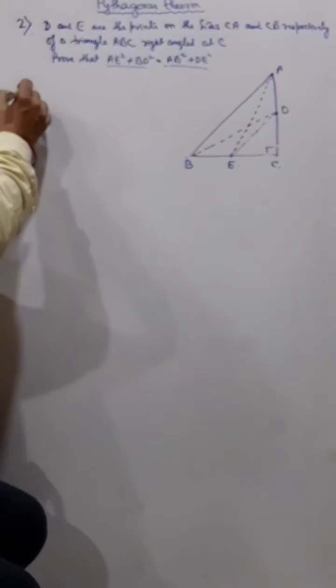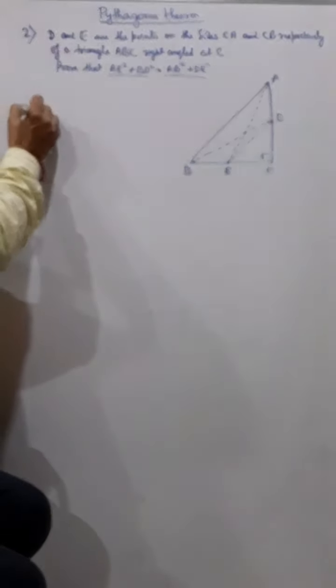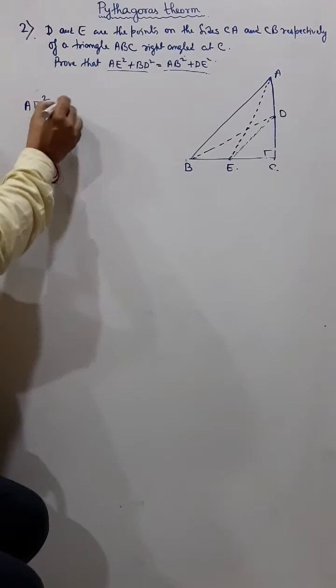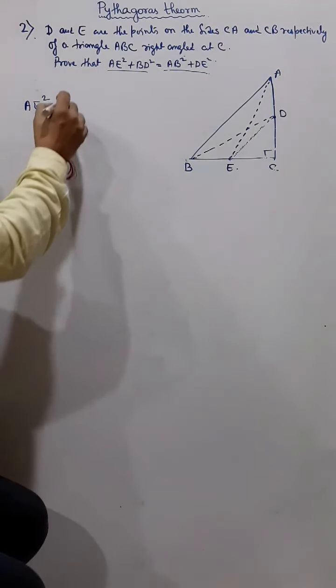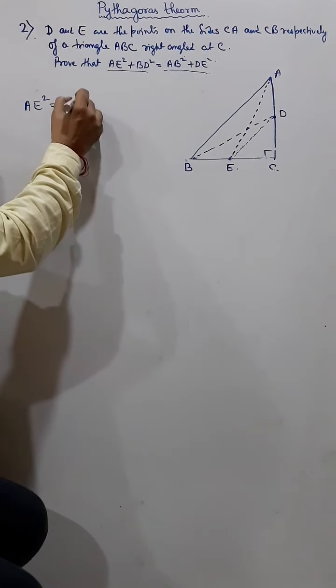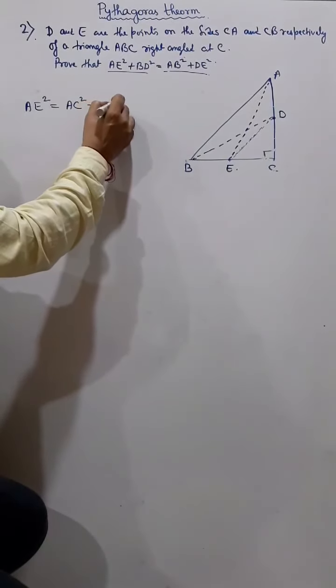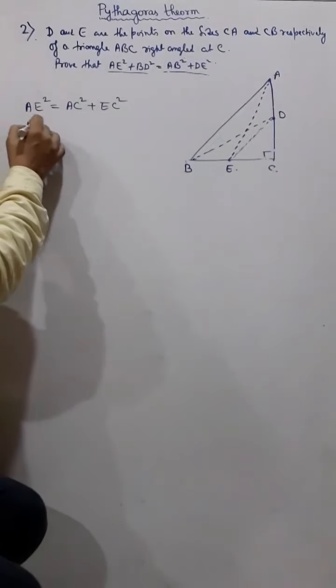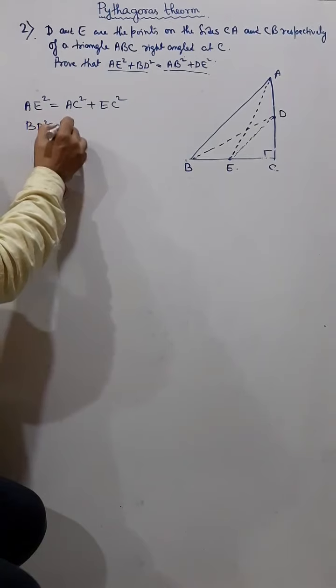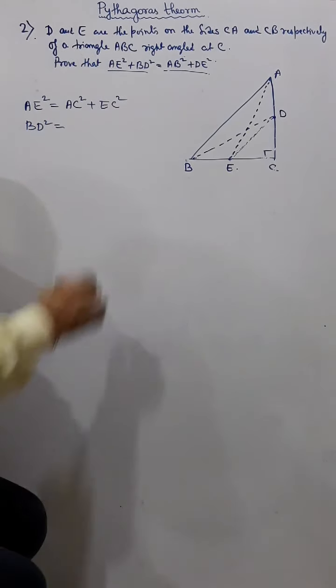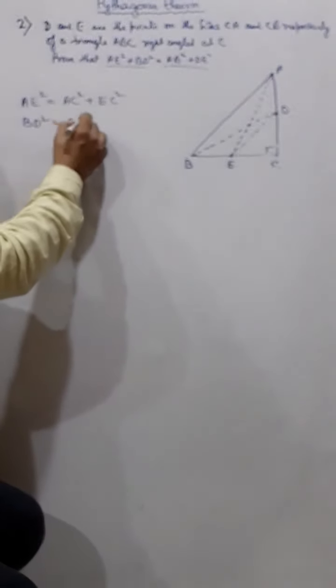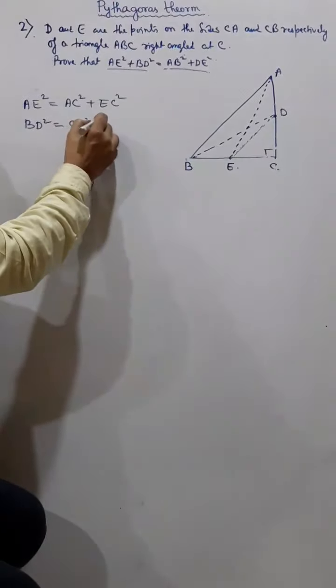So let's start with first AE square. We can say AE square is AC square plus EC square. Similarly, we can also say BD square is equal to CD square plus BC square.